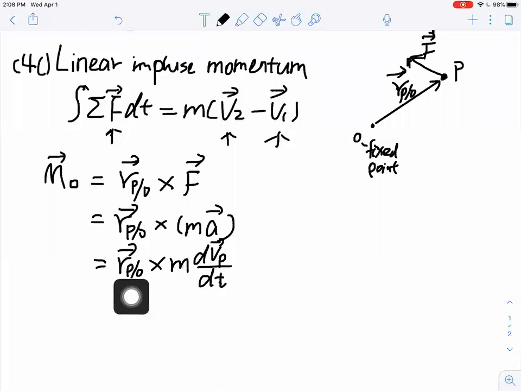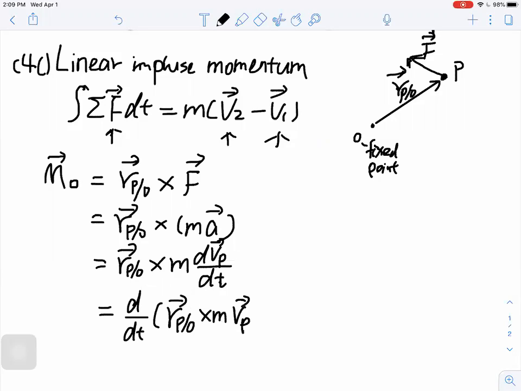This term, something cross something's first derivative with respect to time, can be written as d/dt of (r_P/O cross m v_P) minus (dr_P/O/dt cross m v_P). Okay, maybe you're a little bit overwhelmed.